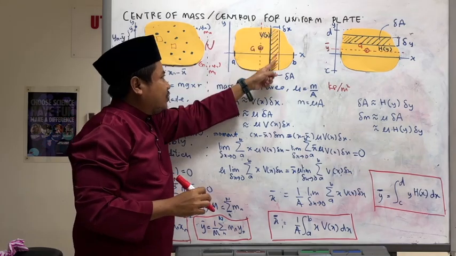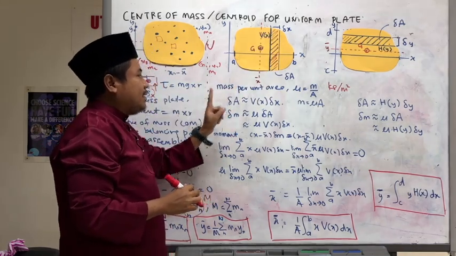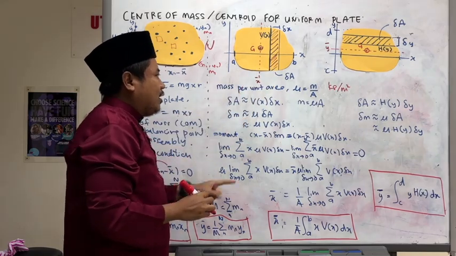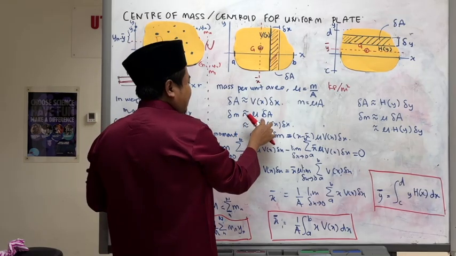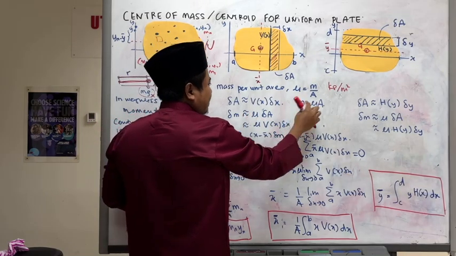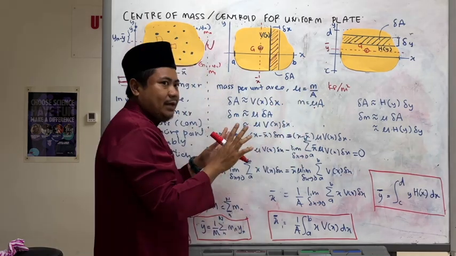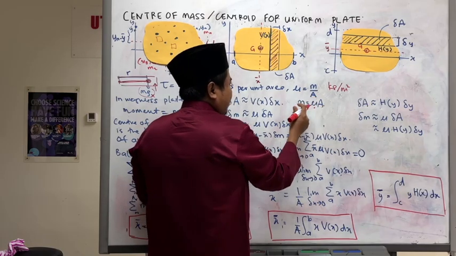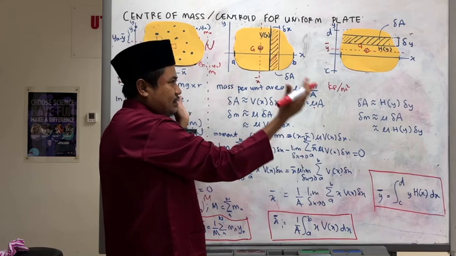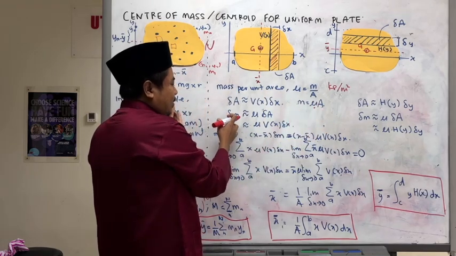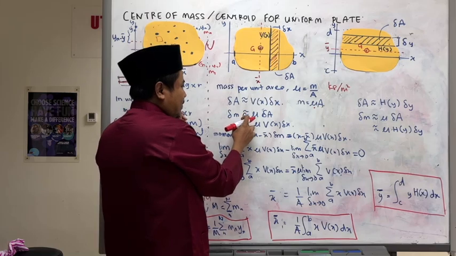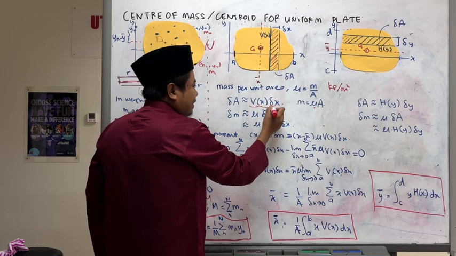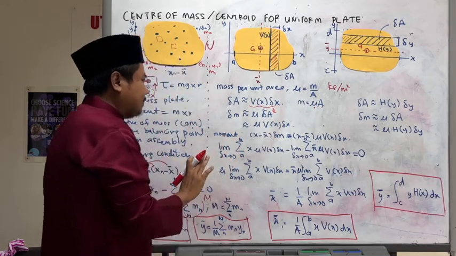The mass of this strip is delta m, which is approximately equal to mu times delta A, because mu is a fixed number, a constant ratio, but m depends on A. If we have a large area, we have a large mass. And delta A is from above, so we can include it into this relation.